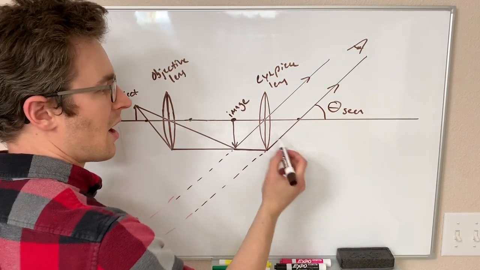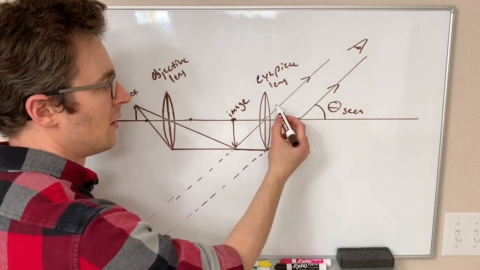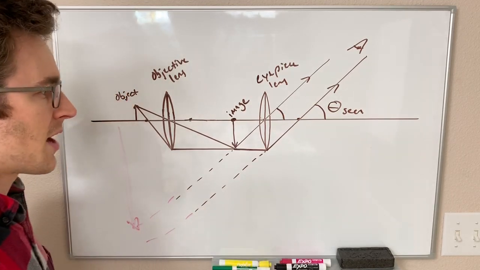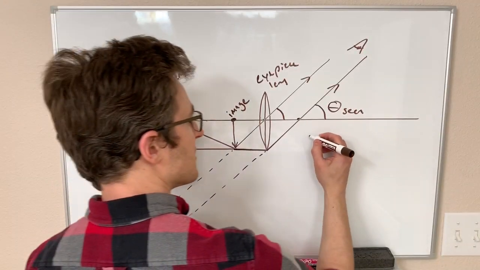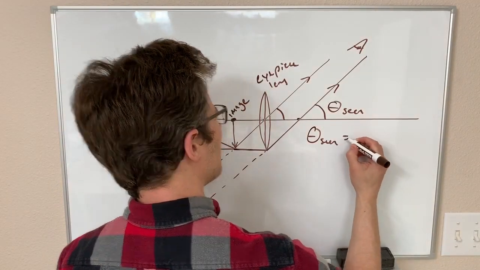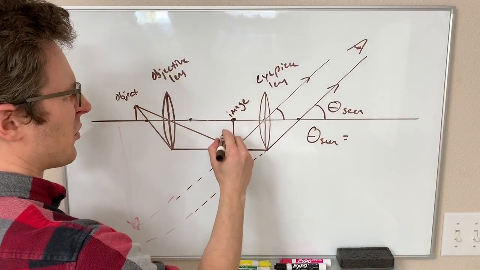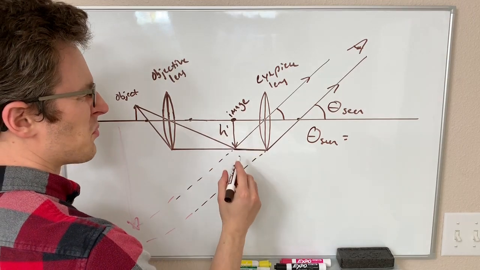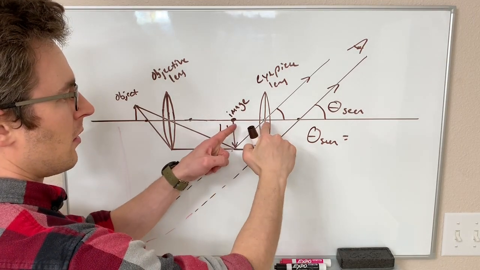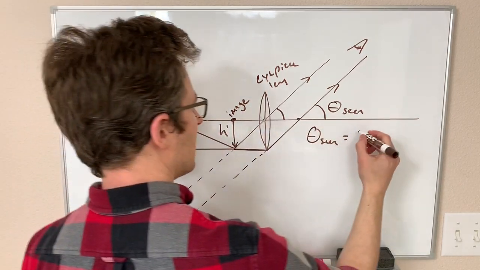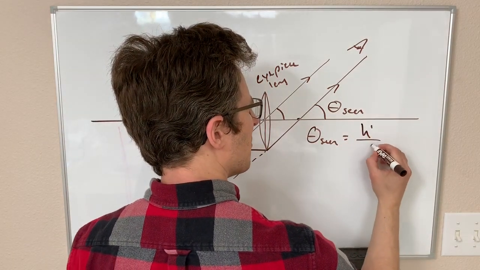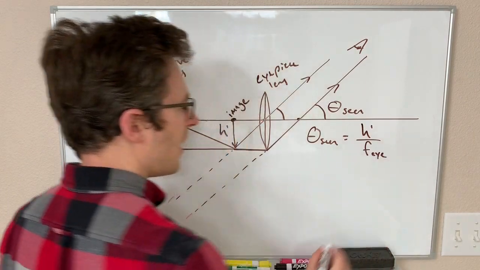That is the size of the object that is seen by the observer. That is going to be the same angle as that. And assuming these are small angles, we can see that theta seen is going to be equal to the height of our image, which we call h prime, over this distance, which is the focal length of our eyepiece lens. So this is h prime over f_i.